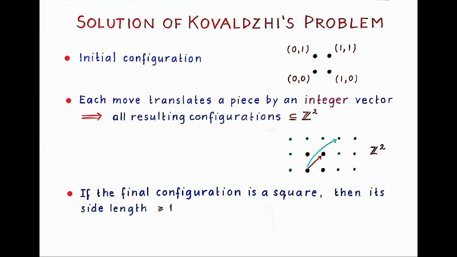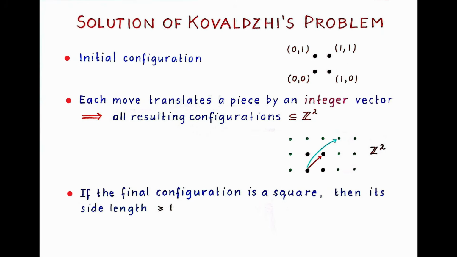So the first idea is very obvious. You have to notice that these 4 points generate what we call the integer lattice, the integer grid. And no matter how these grasshoppers jump, they will always end up at a point of the integer lattice, right?